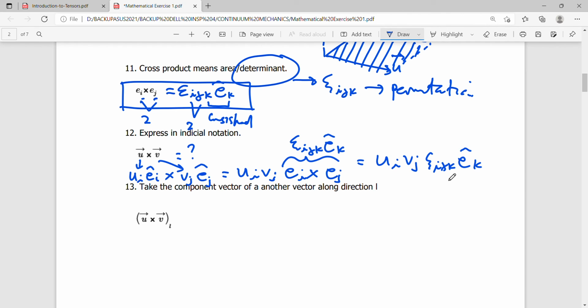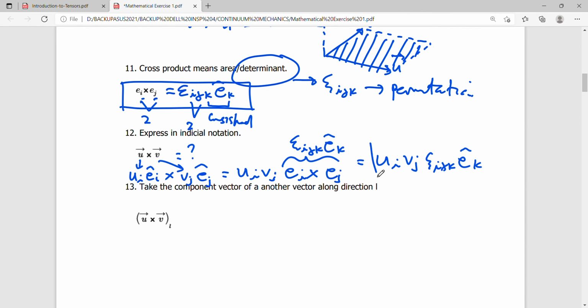This is now the representation of the vector notation in indicial form. I just like to add some books and references using this, but I really don't want to use this.